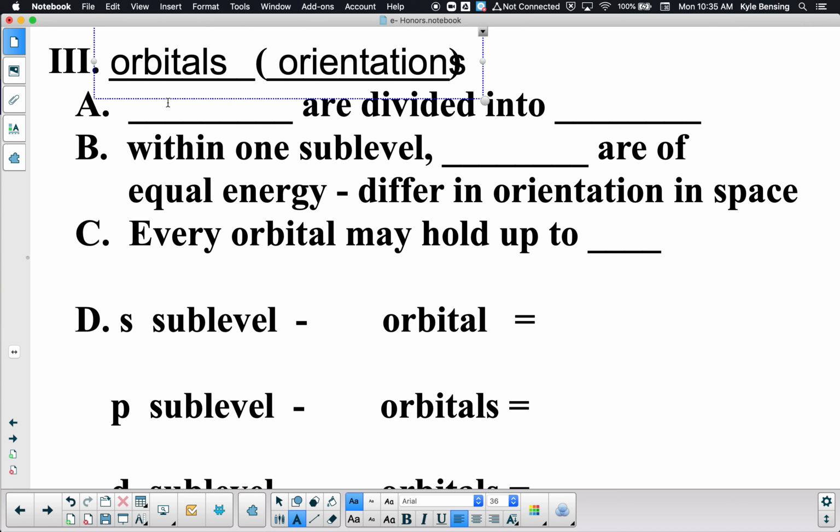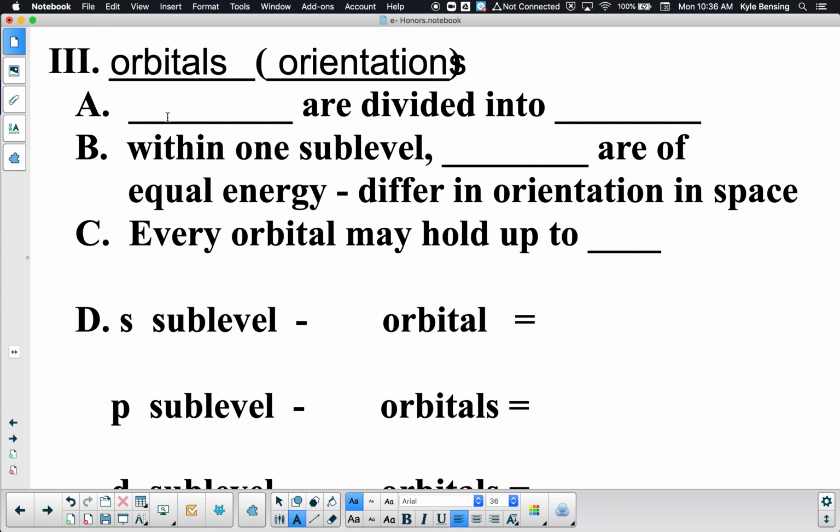The orbitals are parts of the sublevel. So we've gone from the state, which is the major energy level, down to the sublevel, which is its city or town, down to the orientation or the orbitals, which is like the street address in the city.